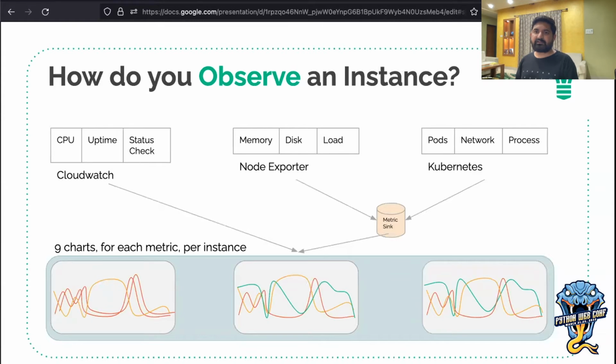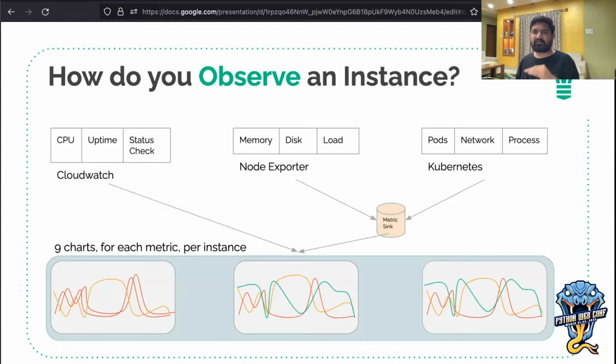And then the lower layer has databases like RDS, and messaging services like Kafka or RabbitMQ, and all those things running. But at a very low level, everything is running on some instance. Even if you host your application in EKS, there's an EC2 instance beneath that. Even if you run managed RDS, a managed database service, there's an EC2 instance below that.